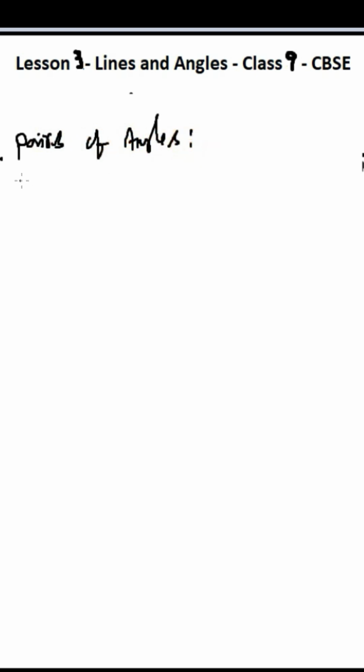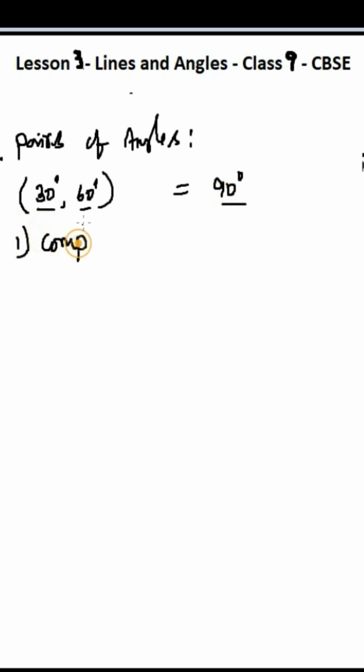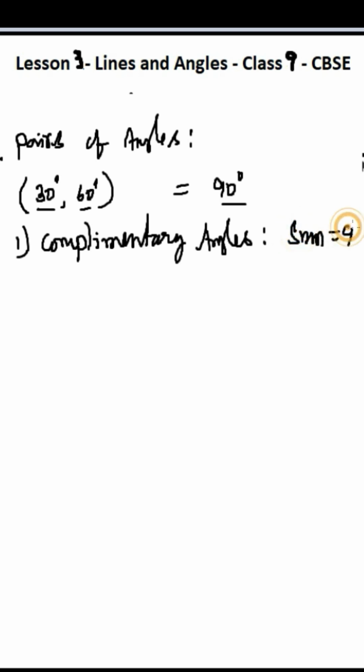Suppose two angles have a sum equal to 90 degrees, say 30 degrees and 60 degrees; their sum is 90 degrees. If two angles have a sum equal to 90 degrees, we call them complementary angles. These complementary angles are a pair of angles whose sum is equal to 90 degrees.